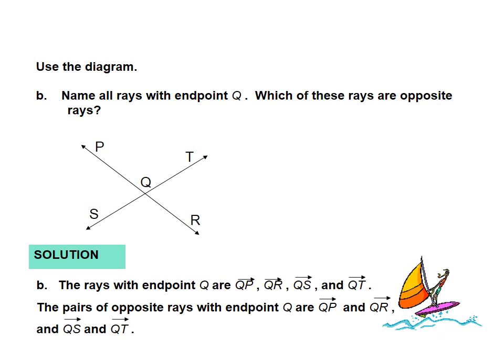They all start with the initial point Q. The pairs of opposite rays with endpoint Q are ray QP and ray QR. The other pair is ray QS and ray QT.